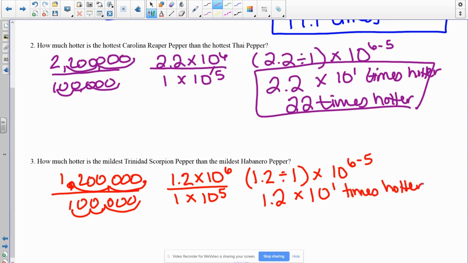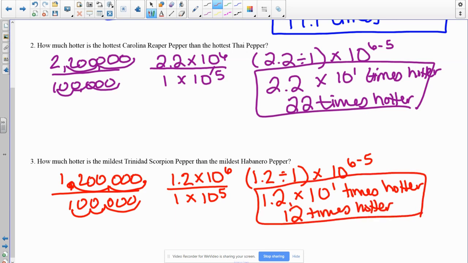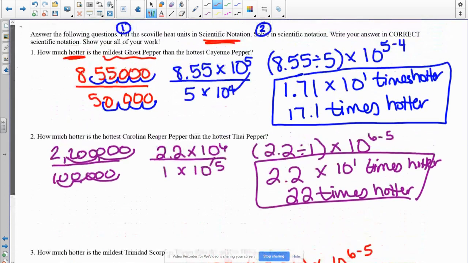Or if we want to write that out and actually multiply out, that's 1.2 times 10, which turns into 12 times hotter. So we compared two ways. The first way with the symbols less than, greater than, or equal to, and then we compared how much hotter something is by dividing the two values out.